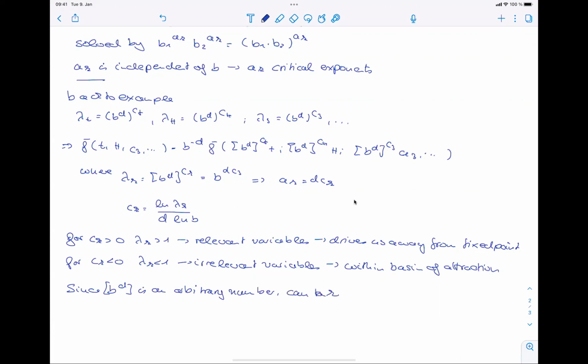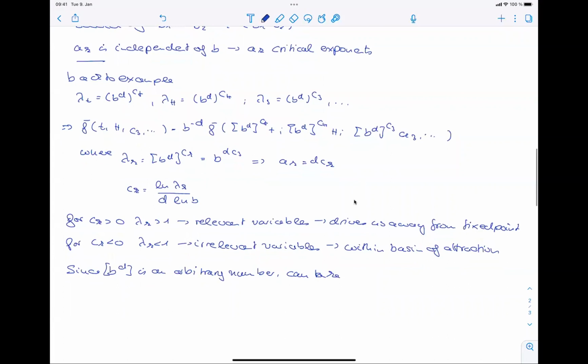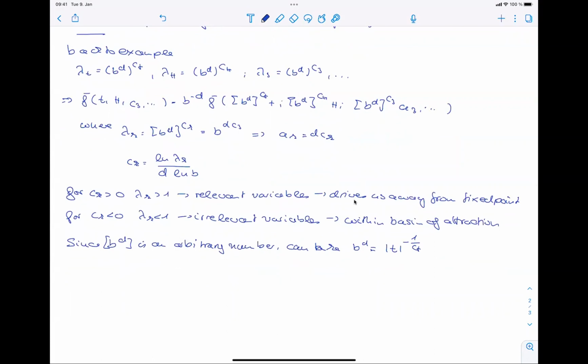To derive the scaling relationship, I will make the choice that b to the power of d is equal to the reduced temperature t to the minus ct. It's just a number. And so if I do that, then this function looks much easier, namely, now the b to the ct becomes t to the power of minus d over ct.